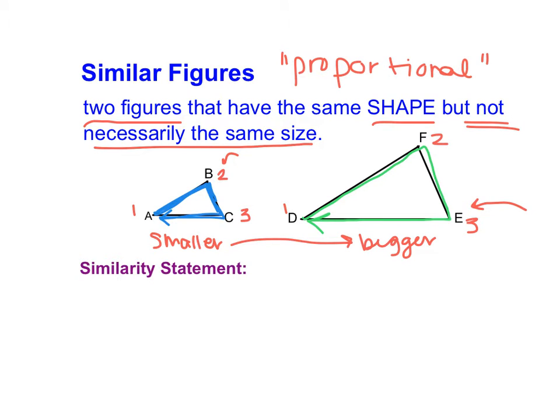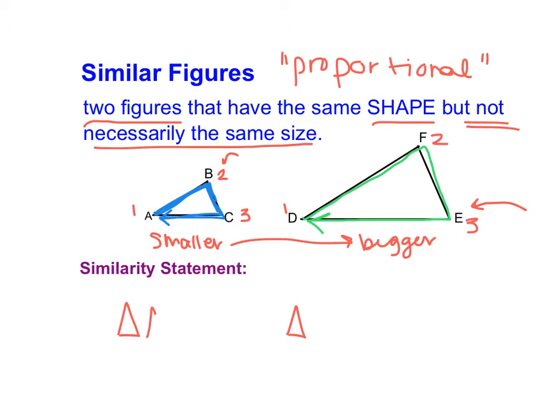So our similarity statement is going to put those angles in order and basically match up the corresponding angles as we name that triangle. So here I'm going to put triangle and triangle to signify the shape in my similarity statement.